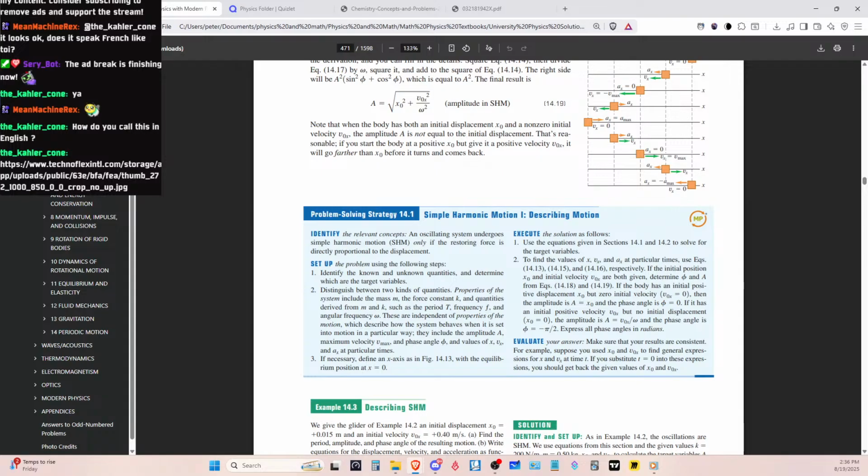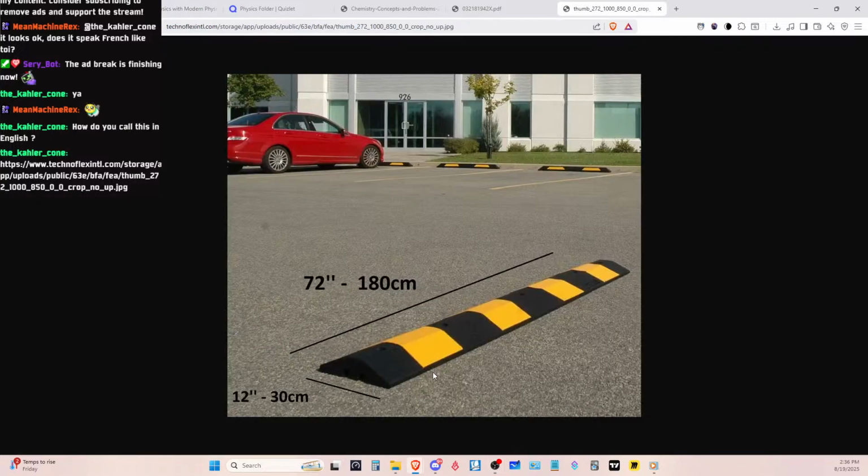How do you call this in English? Let me see. Actually, I forgot what they call this thing.